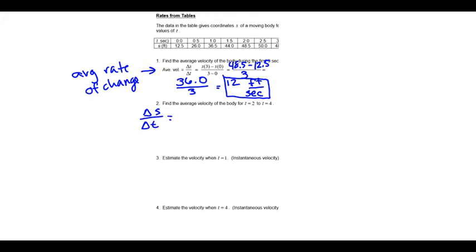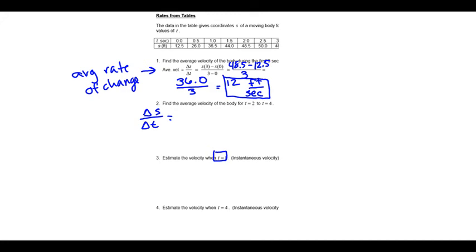So you should do this problem on your own, and we're going to look at number 3. We want to estimate the velocity when t equals 1. So now they're giving us just one value of x, one number instead of an interval.